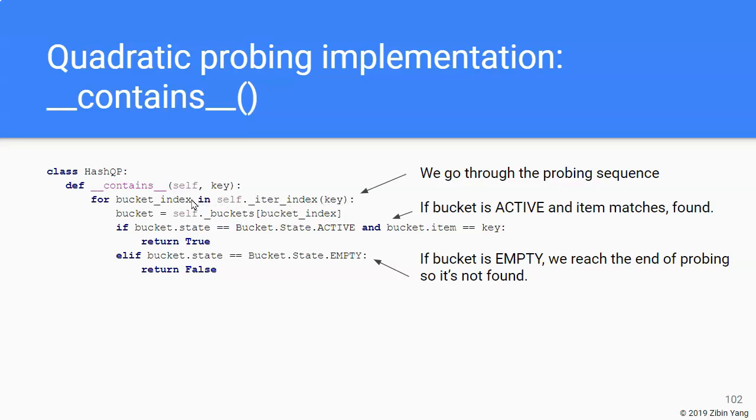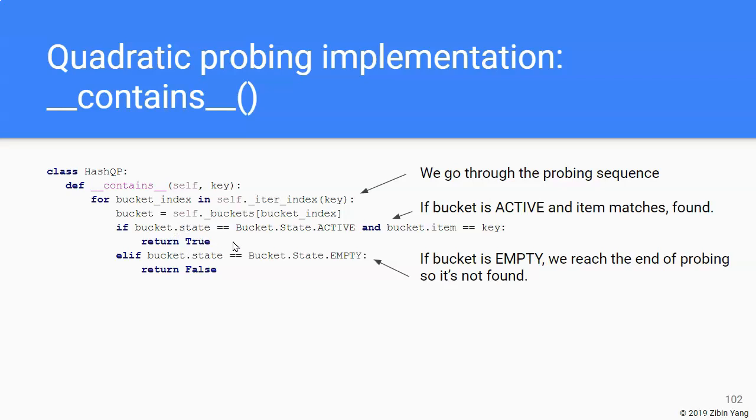And for each of the indexes yielded by the probing sequence generator, we look at the bucket that it references. And if that bucket is an active bucket, and also the item in the bucket equals the key, then we found the key that's in the hash table.